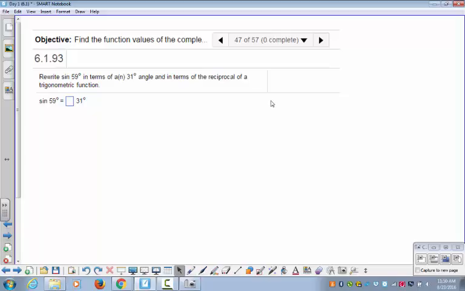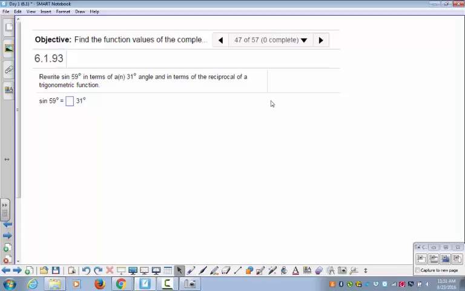Okay, so we want to rewrite sine of 59 degrees in terms of a 31 degree angle and in terms of the reciprocal of a trigonometric function. First off, we notice that there's a relationship between 59 and 31.